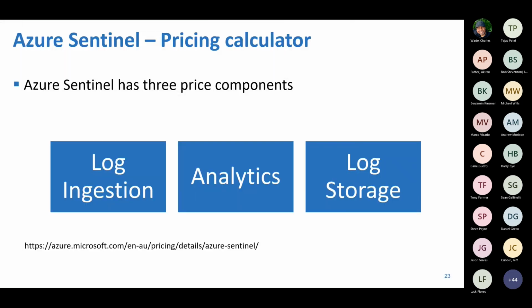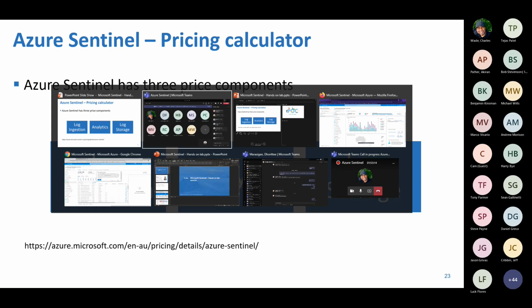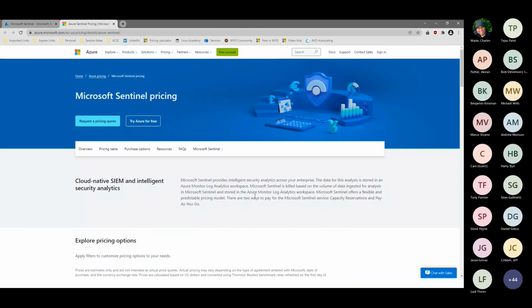Last but not the least is pricing, right? So like I said, Azure Sentinel is primarily made of about 2 or 3 components: Log Analytics workspace and your AI and ML engine, right? So let's quickly jump on to the Azure Sentinel pricing page.